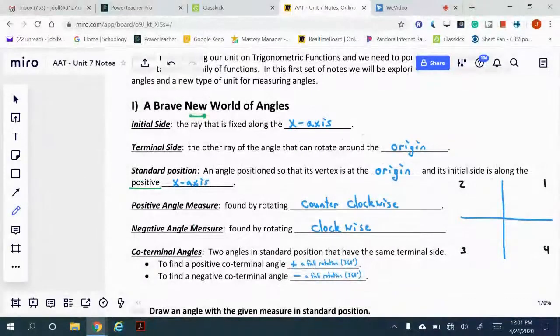You can draw angles starting with your initial side on the negative x-axis, but just so that we're all on the same page as far as what kind of angles we're working with, standard position is starting on the positive x-axis, right? So a positive angle measure is found by rotating counterclockwise. Now, that's a little bit counterintuitive.